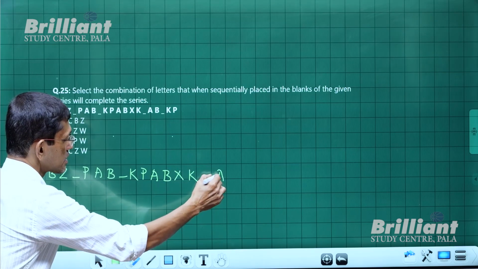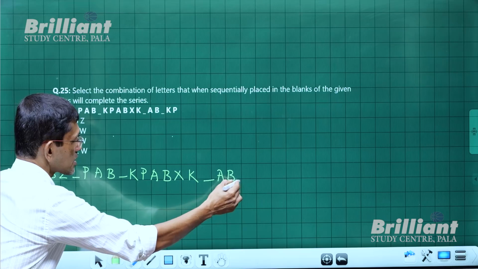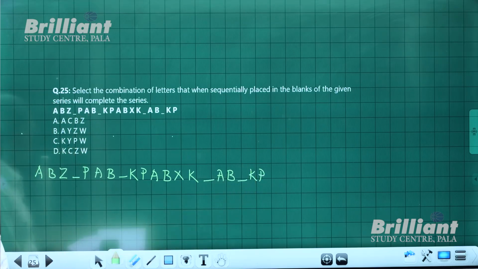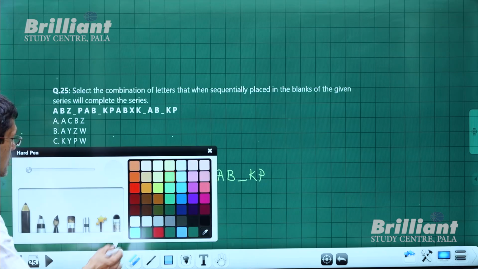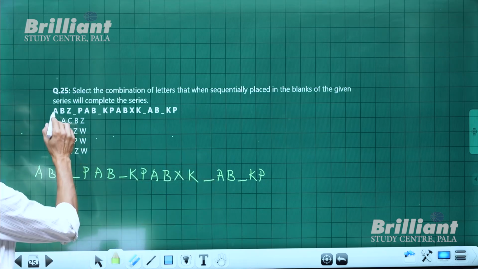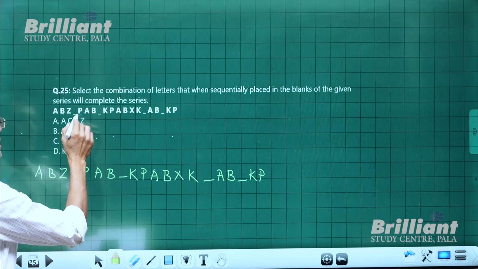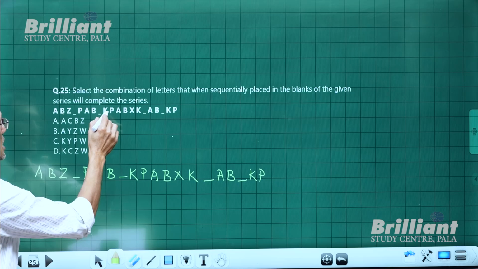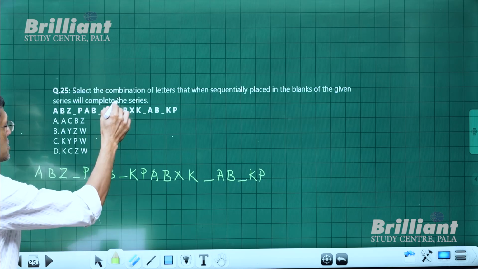A, B. Something is missing. K, P. Is there any kind of pattern you see here? So A, B, Z up to P. Then A, B, something is missing. K, P. So you see this P here.